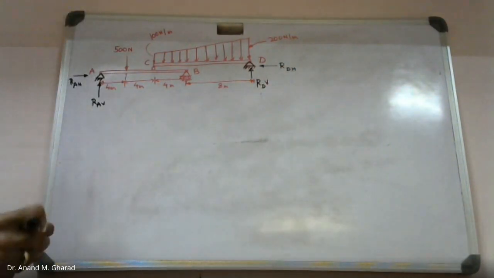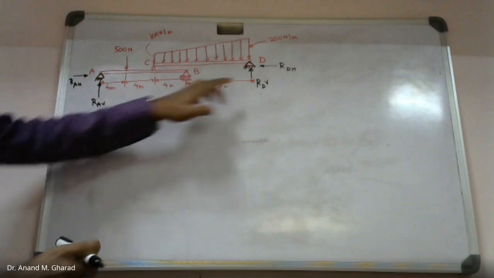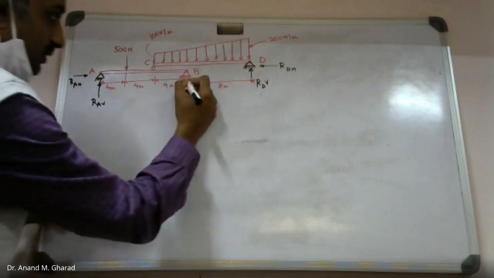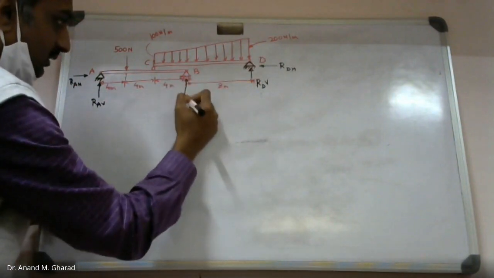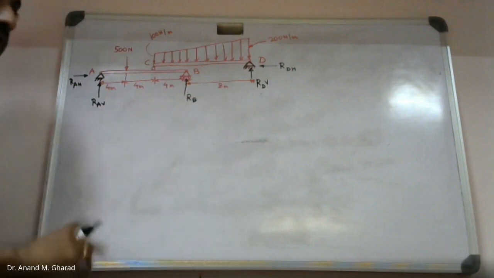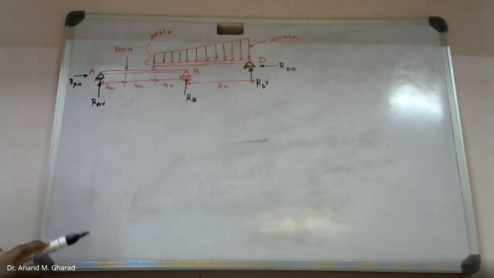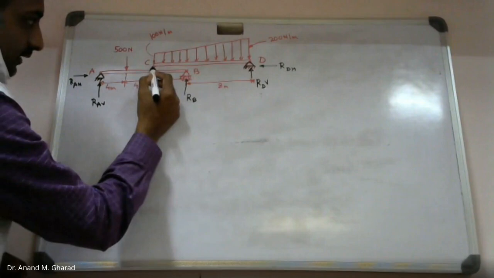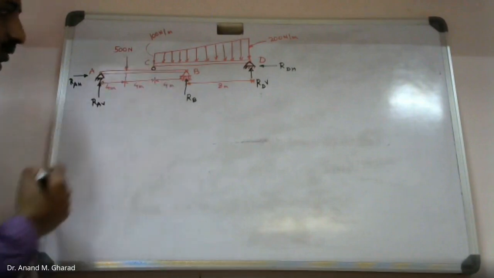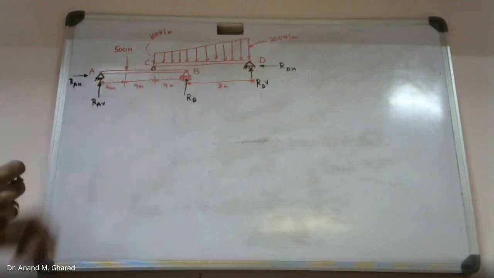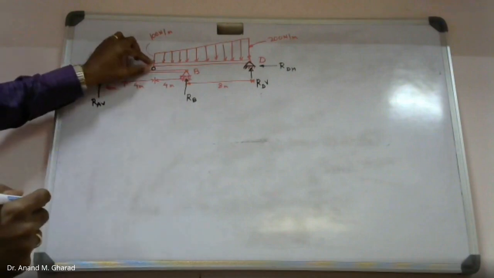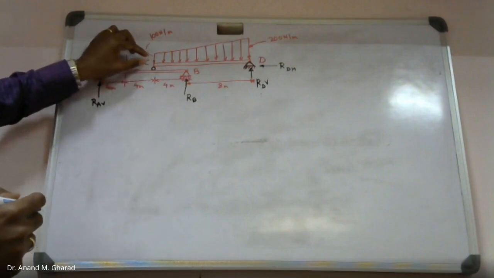How many unknowns are there? Right now there are 1, 2, 3, 4. In addition to this, you have this reaction at B. So there are 5 unknowns. On top of that, there is a roller support included over here, so this will also exhibit some kind of reaction force.